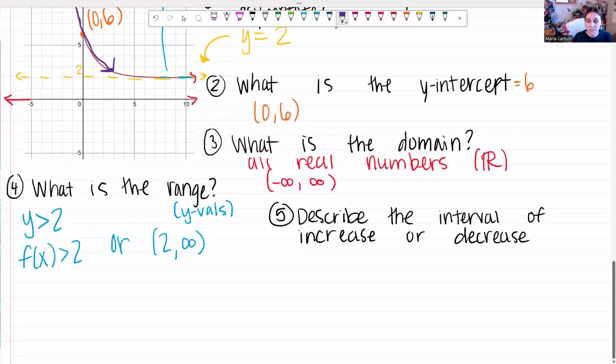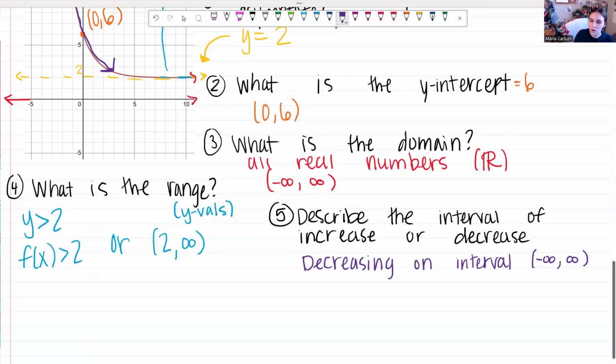So this is decreasing, and it will never stop decreasing. So I will say this is decreasing on the interval negative infinity to positive infinity, or for all real numbers.